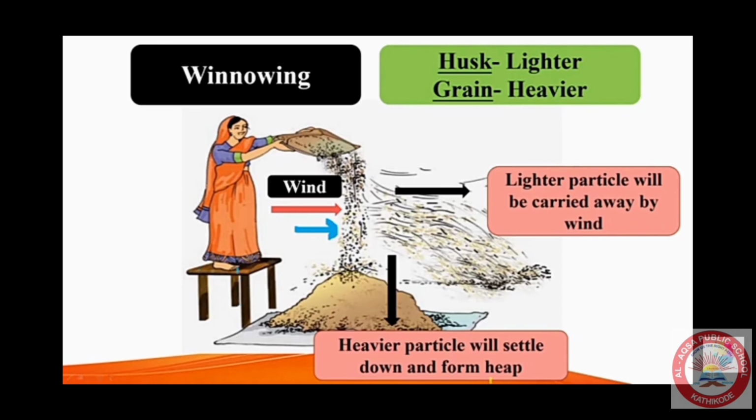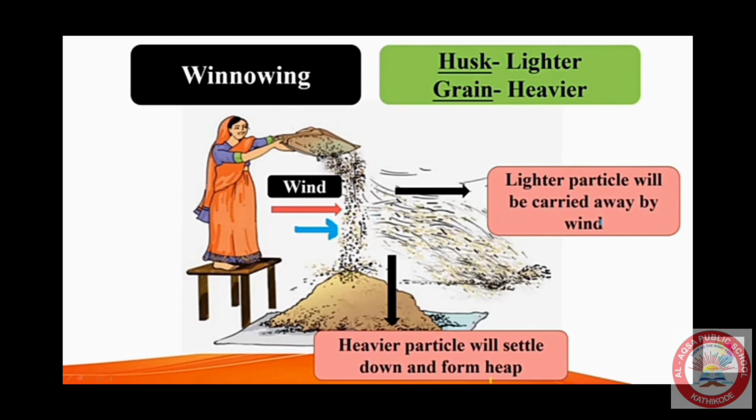Take our mixture to an open ground and stand on a raised platform. Put the mixture in a plate or a sheet of paper. Hold the plate or the sheet of paper containing the mixture at your shoulder height. Tilt it slightly so that the mixture slides out slowly.